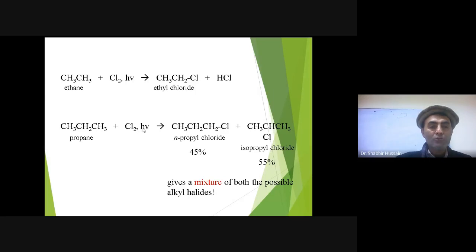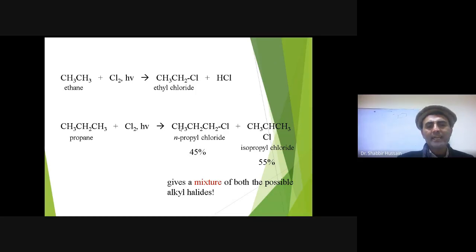Whenever we carry out the photochemical reaction with chlorine, it reacts with secondary hydrogen, leading to the formation of isopropyl chloride in maximum quantity, that is 55%, while normal propyl chloride we get when the halogen substitutes with the primary hydrogen, right? As a result, we get 45% as the minor product, right?